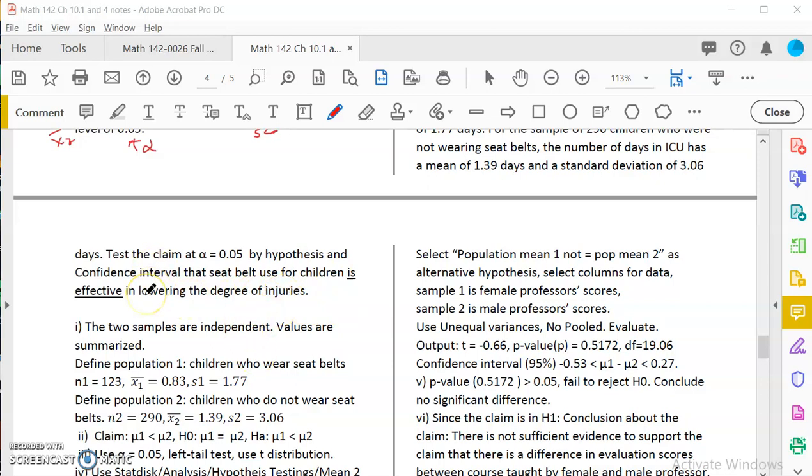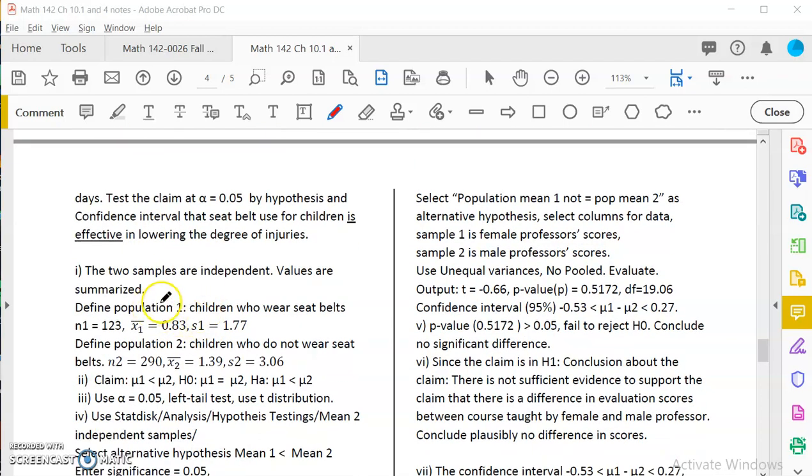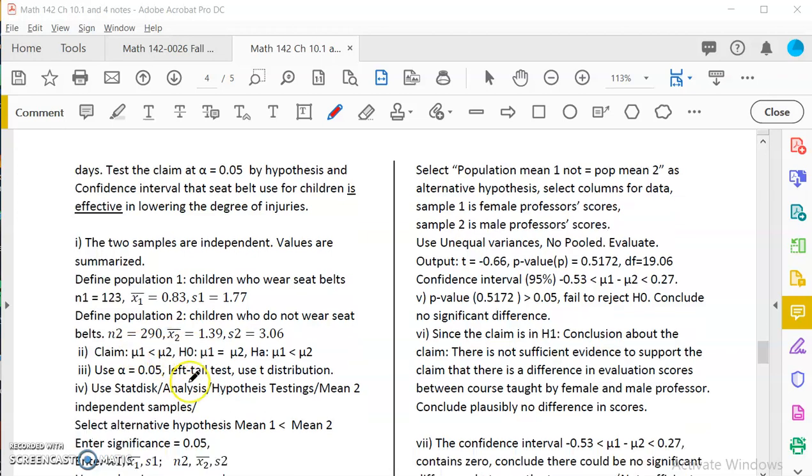They use the word lower, but is it really less than? If population 1 is people that use seatbelts and population 2 are those that do not, then mu 1 should be less than mu 2. You really should use lower, because that would mean seatbelt is effective in lowering, right? You should have a lower ICU stay than the second group.